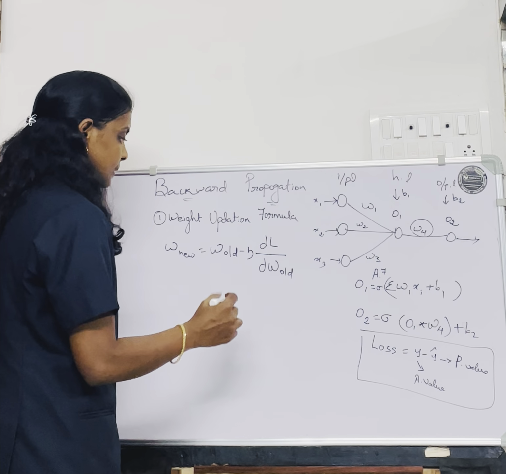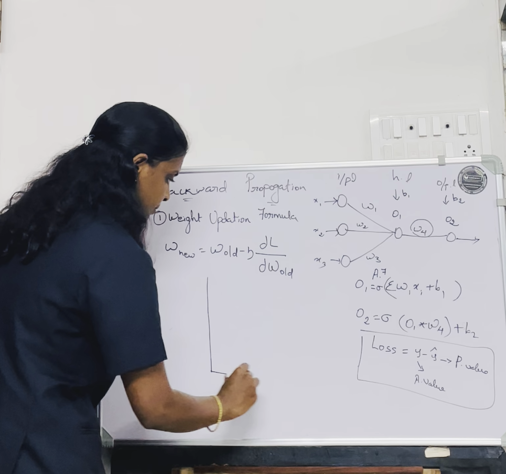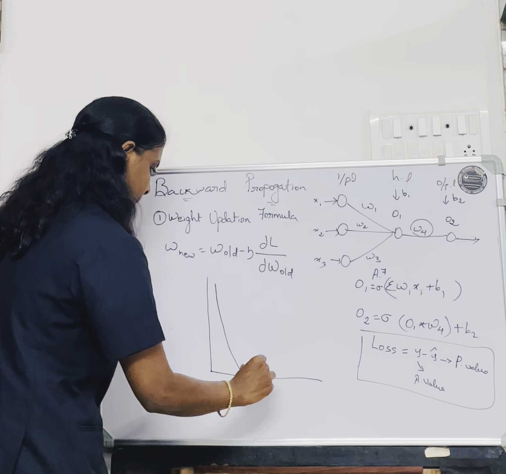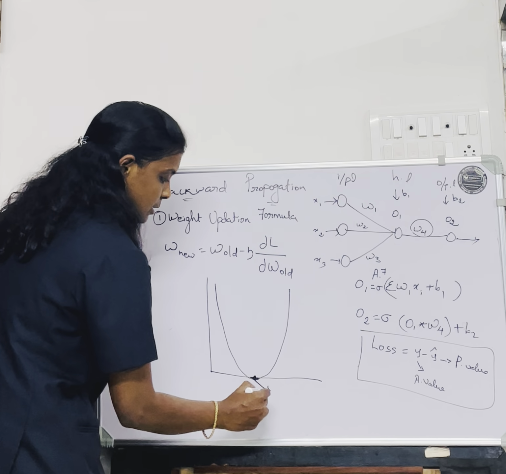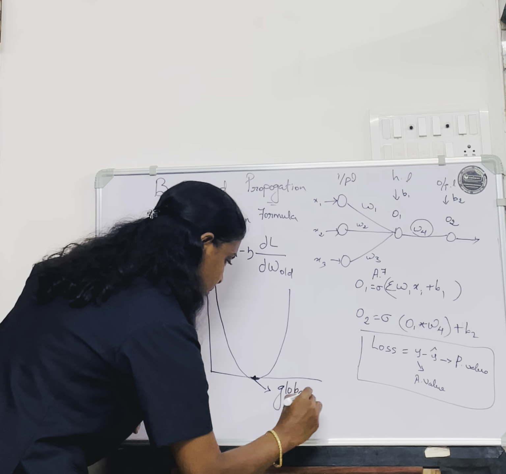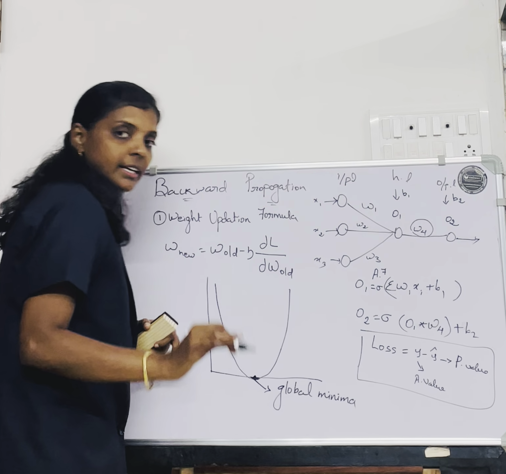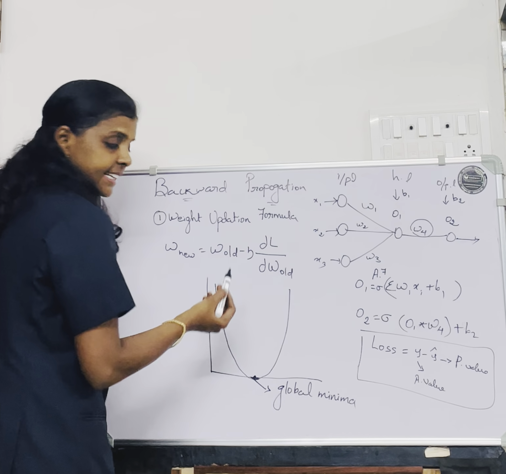For example, this is global minimum. Okay, now listen. Now our predicted value is here.